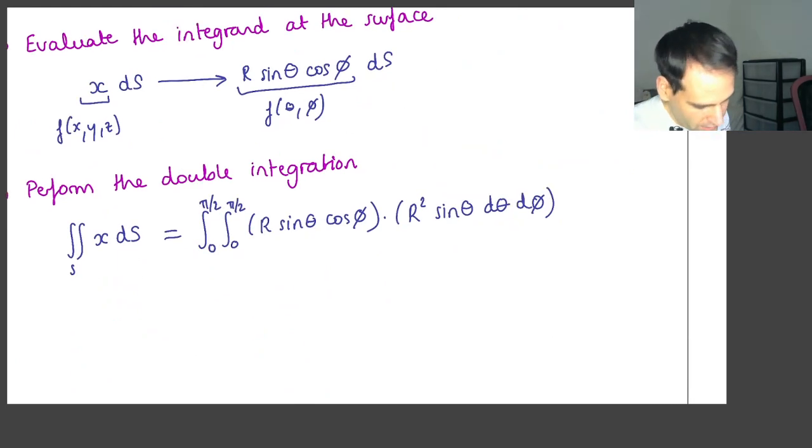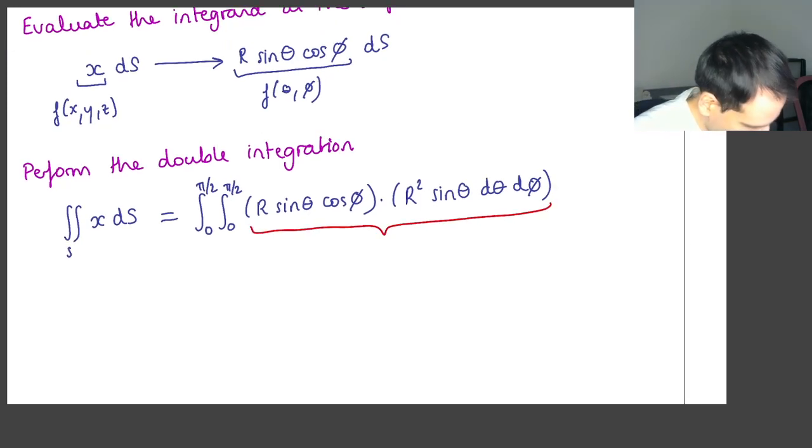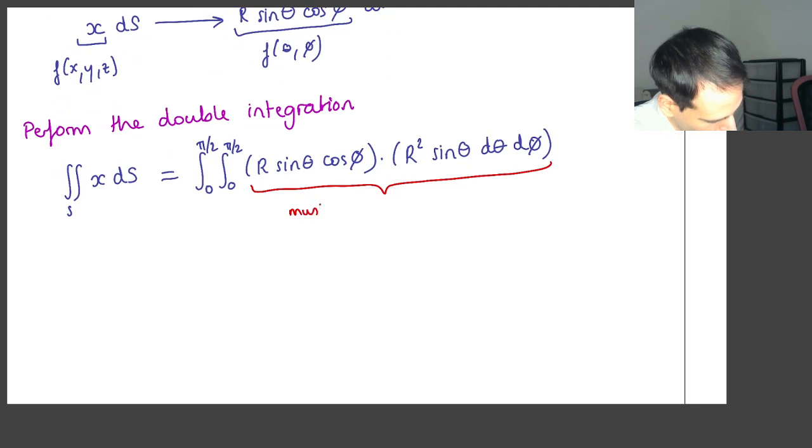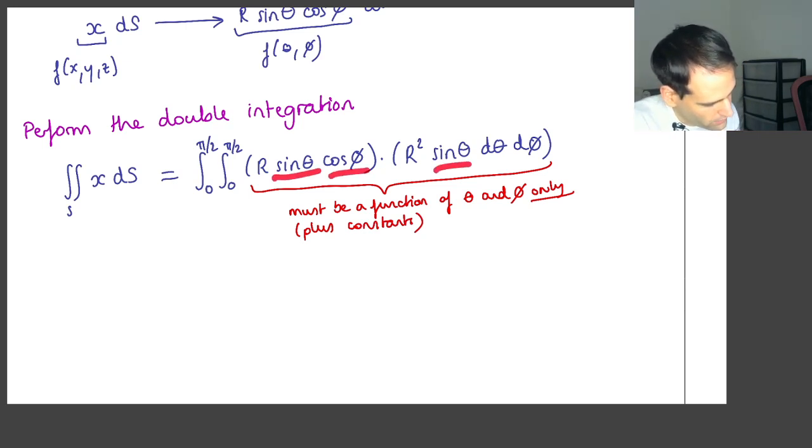Now the sanity check that I told you earlier: this must be a function only of the two parameters, a function of theta and phi only, plus constants. Is this correct? Yes. We only have sine theta, cos phi, sine theta, d theta, d phi, which is expected, and then some constants around. So everything is ready for the integration.